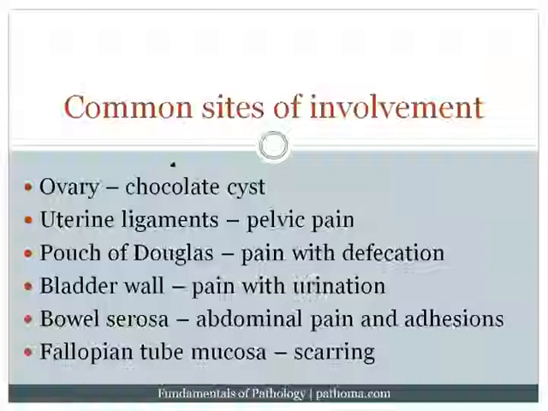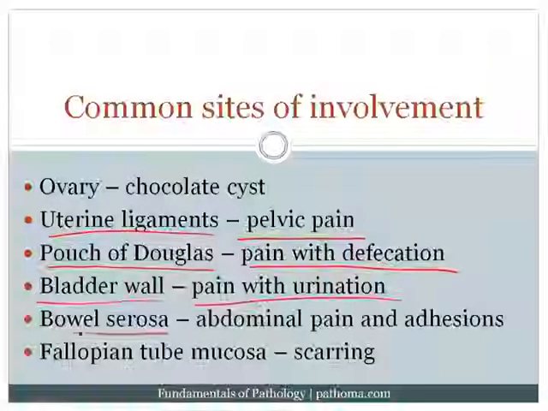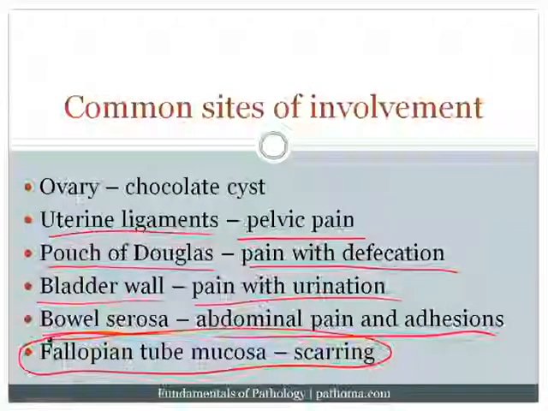Other places where you can have involvement are the uterine ligaments, which would cause pelvic pain; the pouch of Douglas, which would give pain with defecation; the bladder wall, which would give pain with urination; the serosa of the bowel, causing abdominal pain and adhesions; and the fallopian tube, which can result in scarring. If you involve the fallopian tube with endometriosis, you're going to get some damage and scarring, and that scarring could then prohibit the egg from being able to move to the uterine cavity.